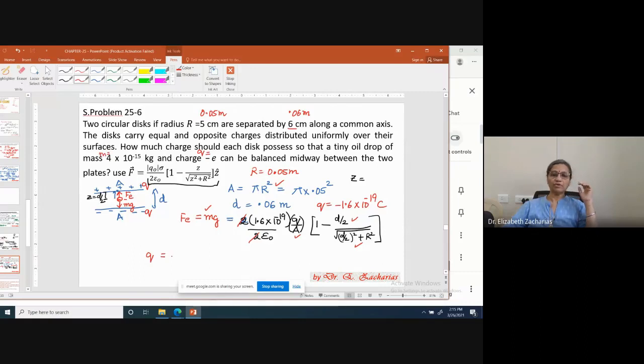So it's simply going to be mg epsilon naught divided by 1.6 into 10 to the power of minus 19 and then into A, then divided by 1 by 1 minus d by 2 divided by d by 2 whole square plus r square under. That's it. Substitute and get your Q.